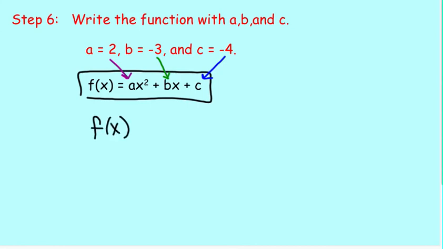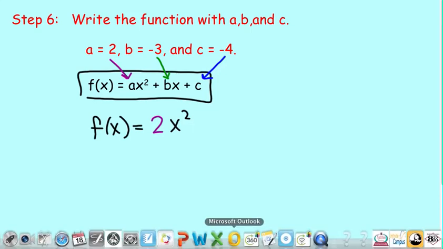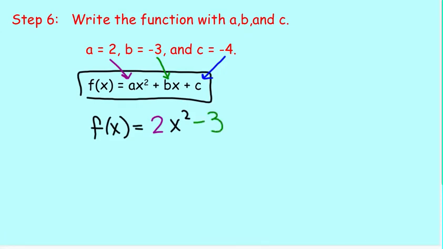F of x equals 2x squared plus, well, that's a minus now because we have a negative, minus 3x, and then our c is negative 5. We found our quadratic regression function.